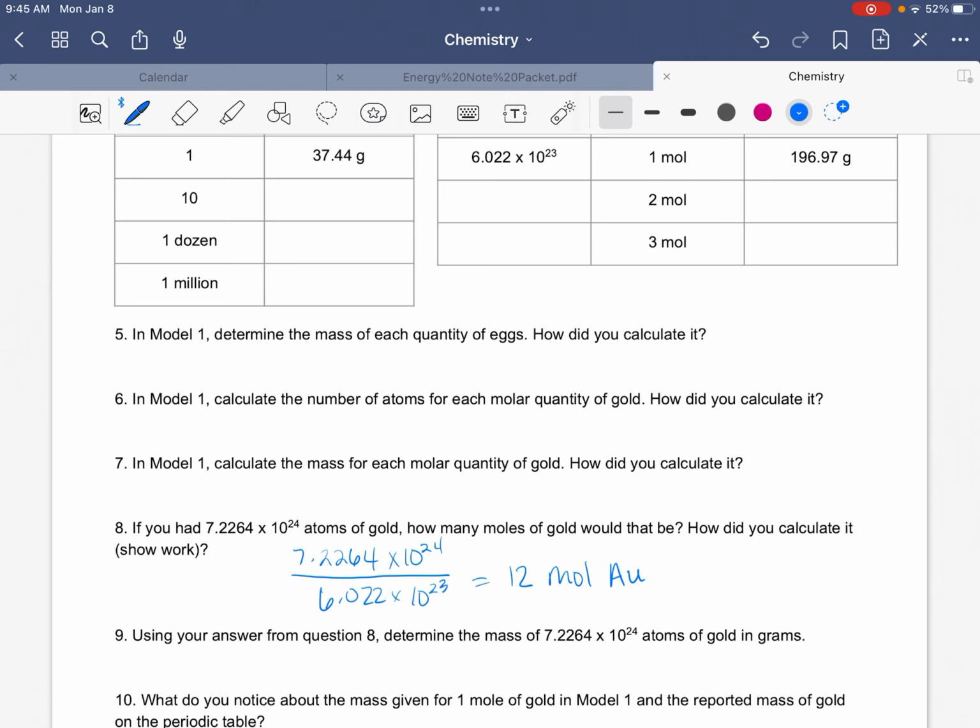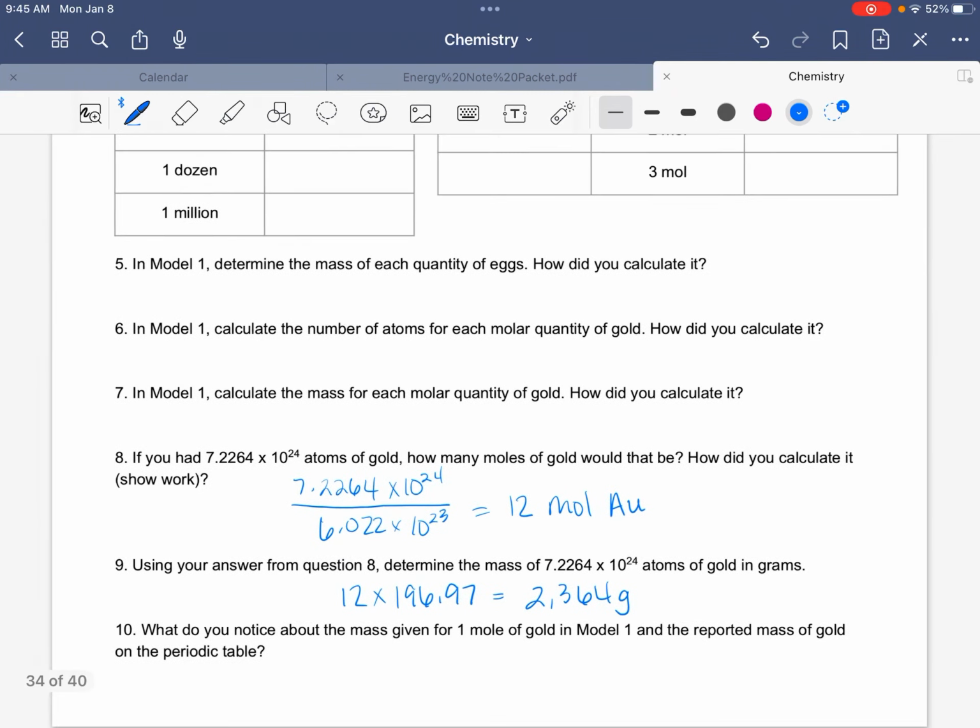So we would take 12 times our 196.97. So 12 moles of gold would have a mass of 2,364 grams.